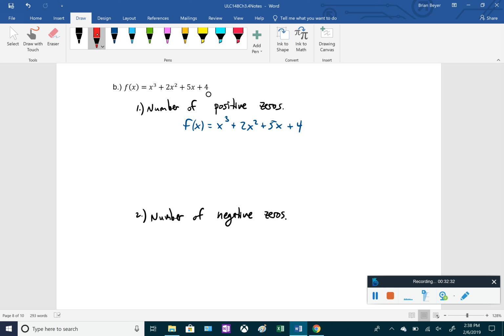It goes from positive x cubed to positive 2x squared, positive 2x squared to positive 5x, positive 5x to positive 4. So there are no sign changes. That means there are no positive zeros, so there are no x-intercepts at positive x values.